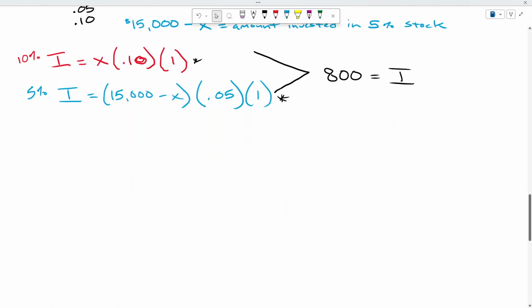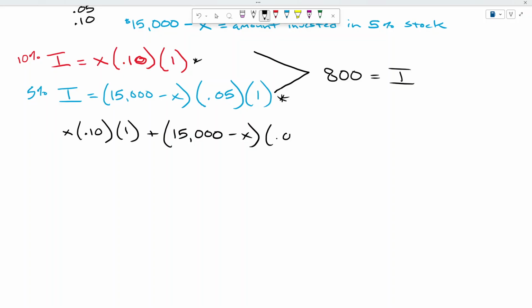So we'll have x times 0.10 times 1 plus 15,000 minus x times 0.05 times 1, all equal to $800.